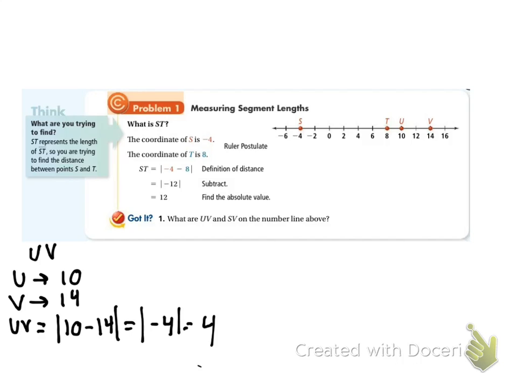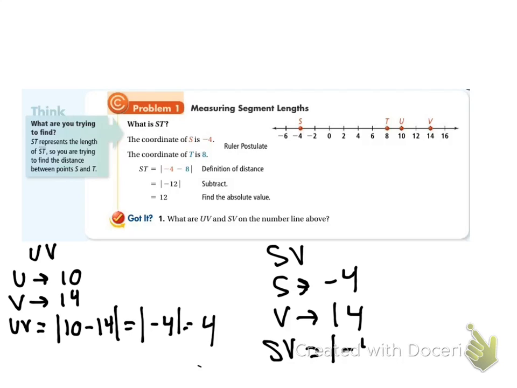So UV is equal to 4. And then for SV, the coordinate of S is -4. The coordinate of V is 14. So SV is equal to the absolute value of -4 minus 14, which is equal to the absolute value of -18, which is 18.